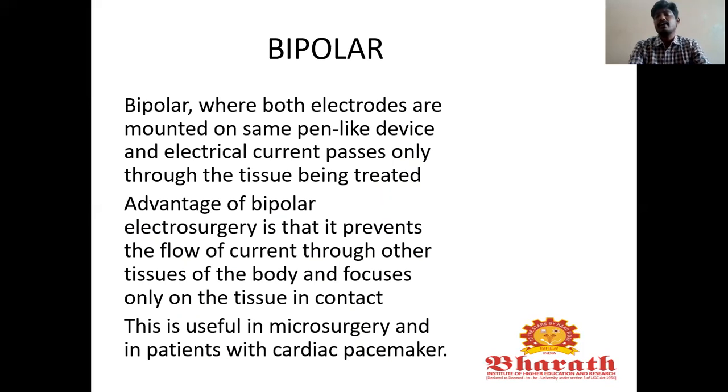What is the main advantage of bipolar electrosurgery? It prevents the flow of current through other tissue of the body and focuses only on the tissue in contact. But in monopolar, the surrounding tissue can also be treated. In bipolar, the current focuses only on the tissue in contact.